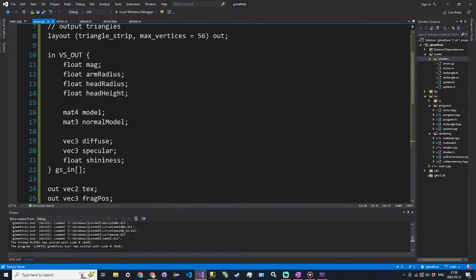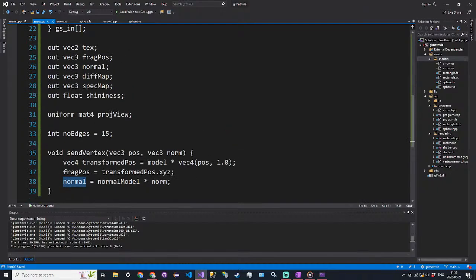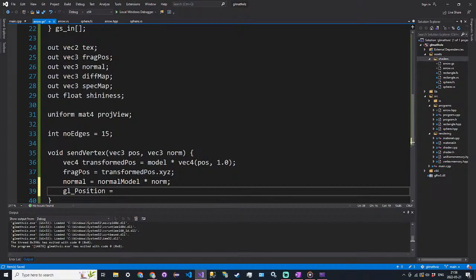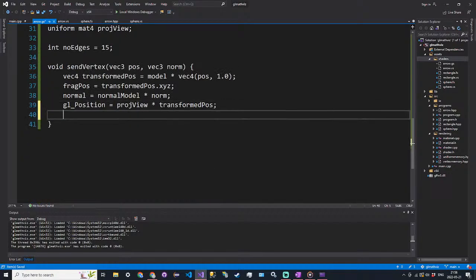This gets sent to the fragment shader here. So we have fragment position, normal, and then we'll set text later, but then GL position, so this is just the output to the GPU saying, hey, this is where we want you to draw the thing. So GL position is equal to projection view times the transformed position. And then we will emit a vertex. So emit vertex essentially just sends a vertex to the GPU to be processed by the fragment shader.